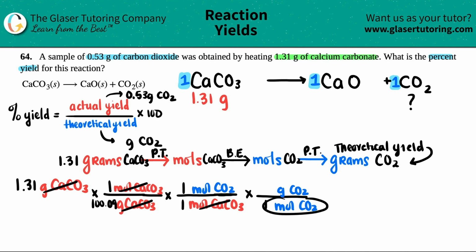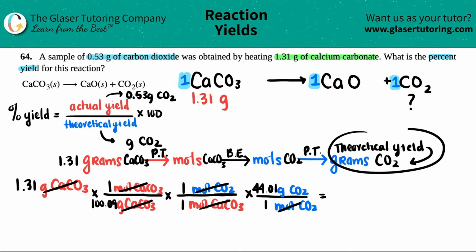So 1 mole of CO2, go on that periodic table and get the mass. You have 1 carbon, so 12.01 plus 2 times 16. You get 44.01. Cancel out the units. And now we're going to find out the theoretical yield. So I'm just going to do this calculation: 1.31 divided by 100.09 times 44.01.